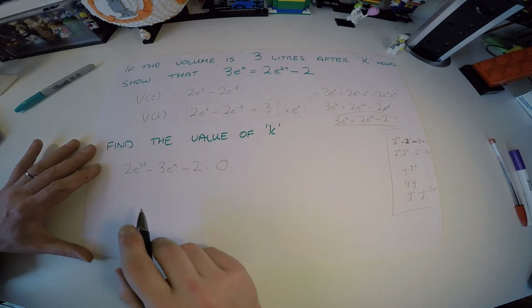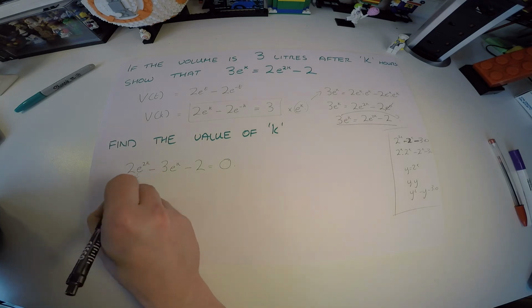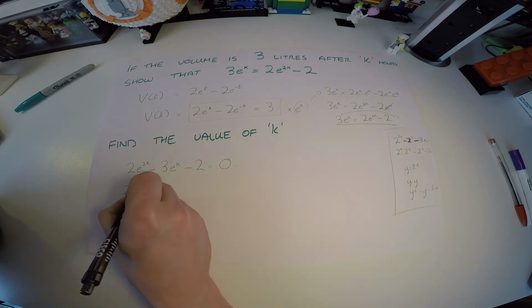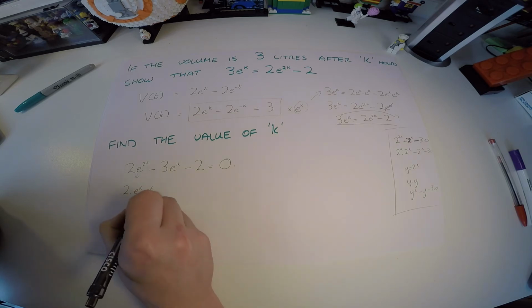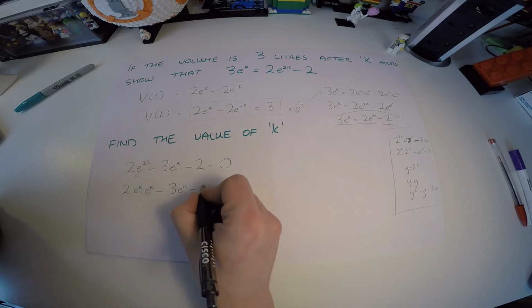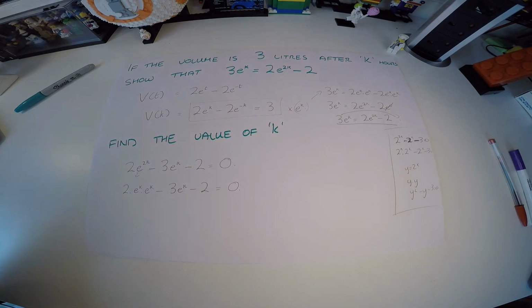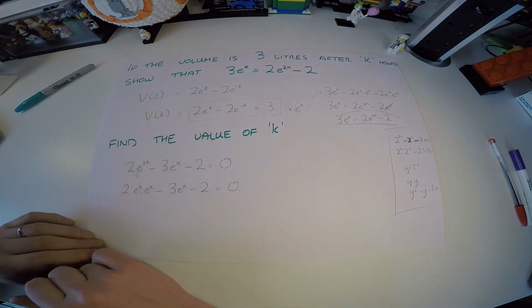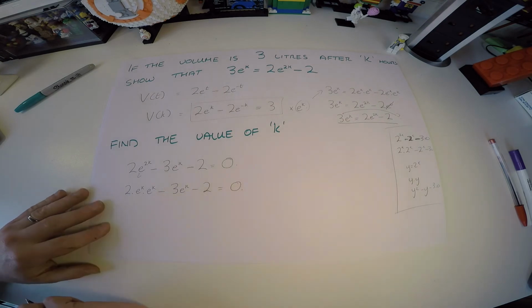Okay, so when we look at this here, we can say, alright, what's the substitution? Well, we're going to write this like this: 2 times e to the k times e to the k, because that's e to the 2k, minus 3 e to the k minus 2 equals to 0. So what kind of substitution can we do here?